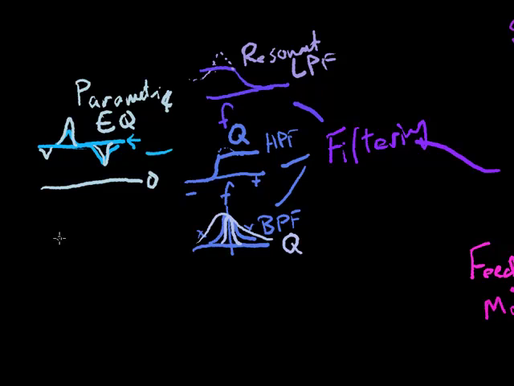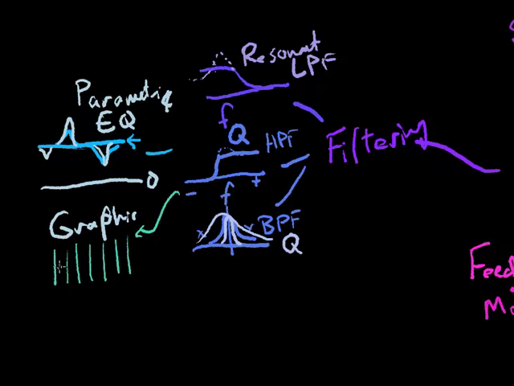While we're still at it, we could also have something called a graphic equalizer. It usually has a number of different frequency bands that you can control with a slider of some type.